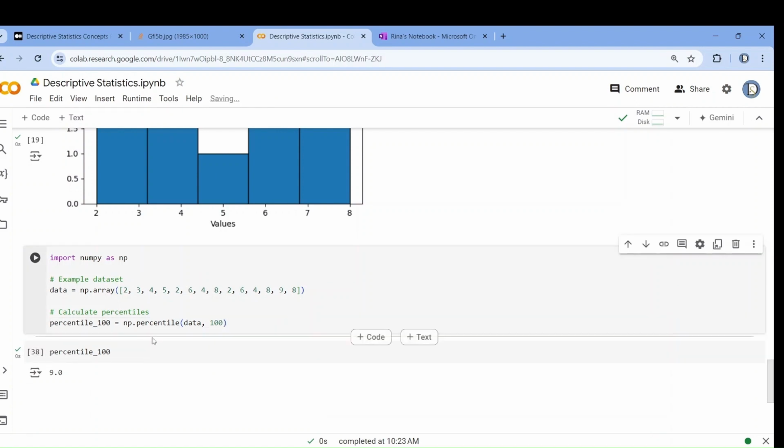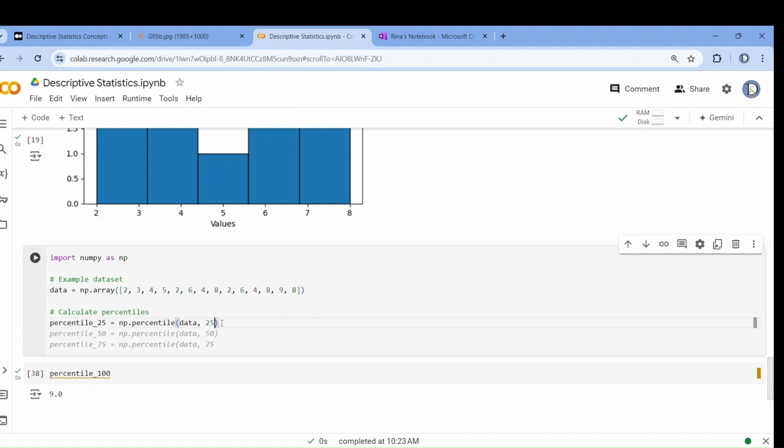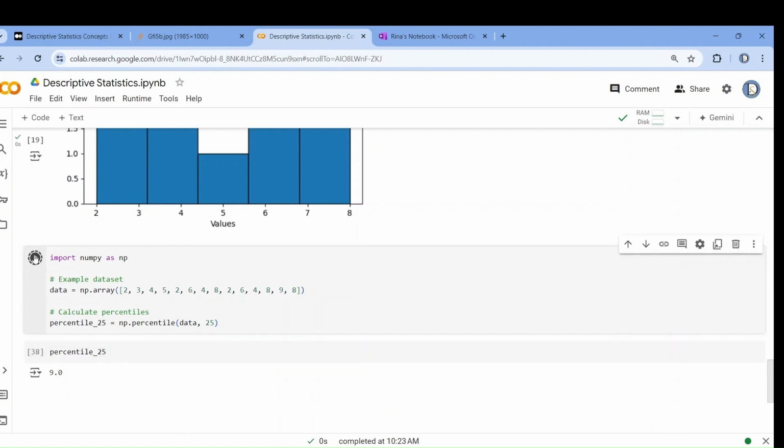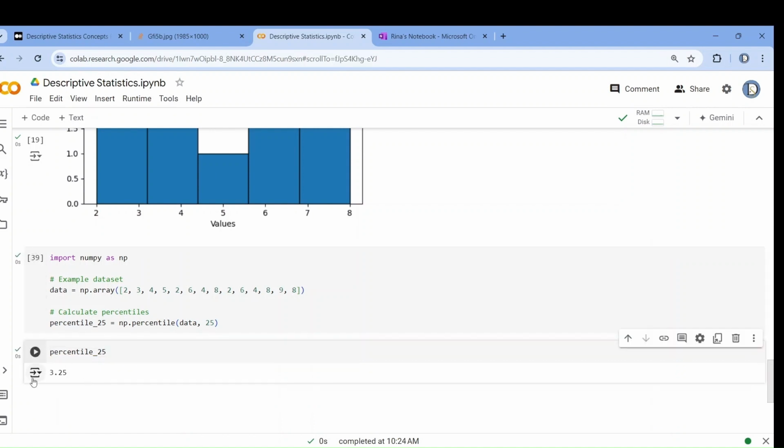Fine. Okay. Now let's calculate 25 percentile. So I want to know the 25 percentile of the data set. Now let's see what is the result. If we run this one, see, so we can say that 25% values in this data set are lying below 3.25.